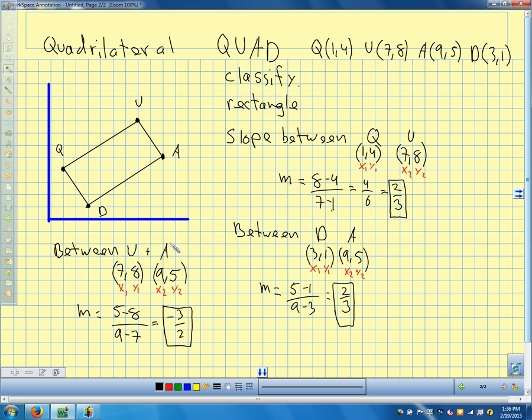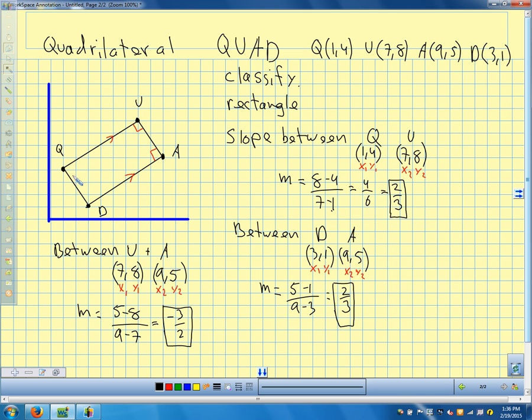So what does that tell us about UA and these two? They're perpendicular. So these two are parallel, and that's perpendicular. So what does that tell us about these angles? They're 90 degrees. So I could put some arrows here and say those are parallel, those are parallel. That's 90 degrees. That's 90 degrees.